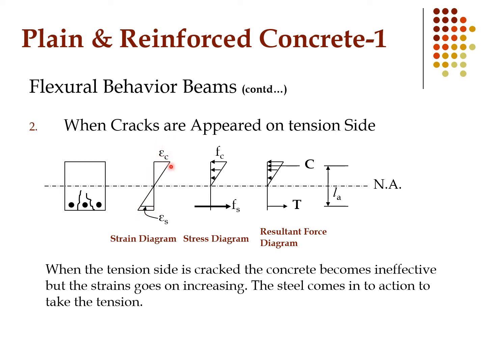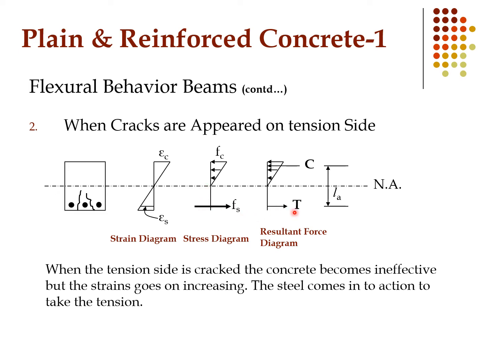This is the strain at the top concrete surface, and the strain in the steel at the steel level. Now you can see that in the stress diagram we do not have a triangular shape like previously. Why? Because when the crack appears on the tension face, concrete below the neutral surface can be ignored and becomes ineffective.